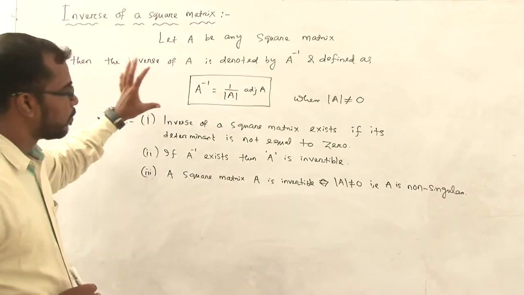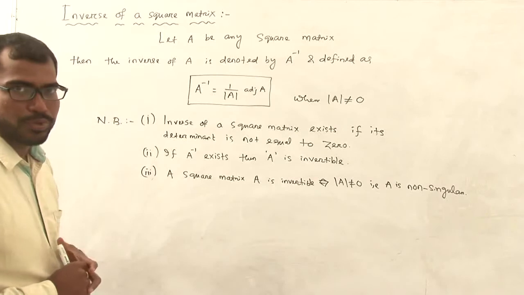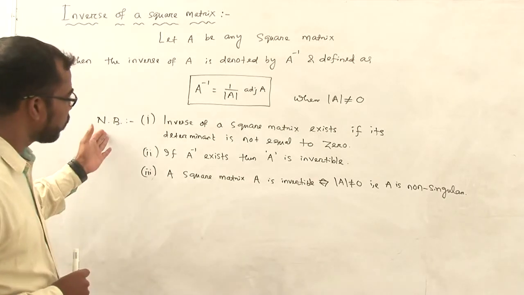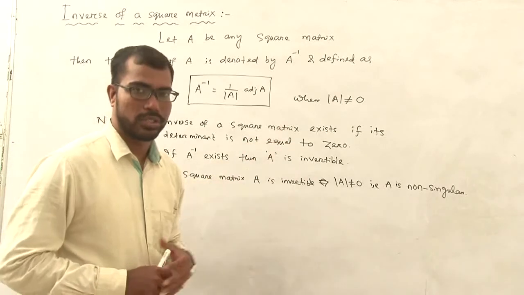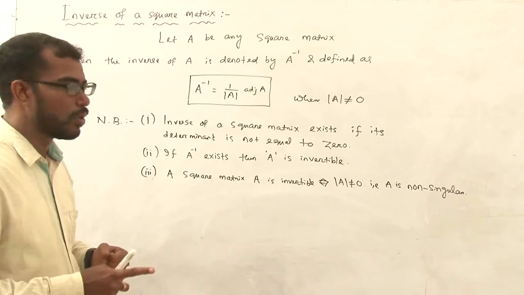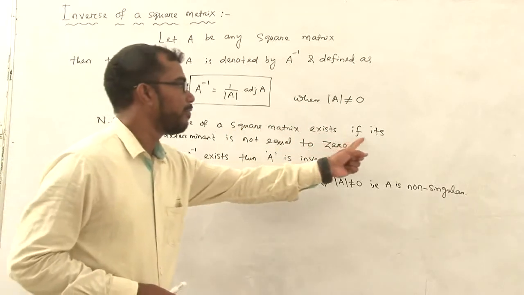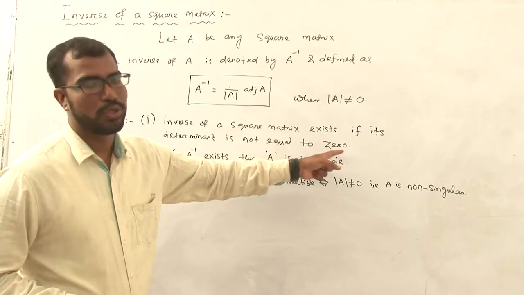There are some points to note. The inverse of a square matrix exists, that is, it is possible to find it, if its determinant is not equal to 0.